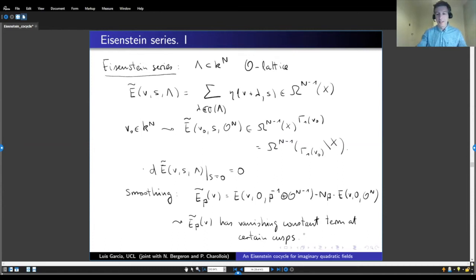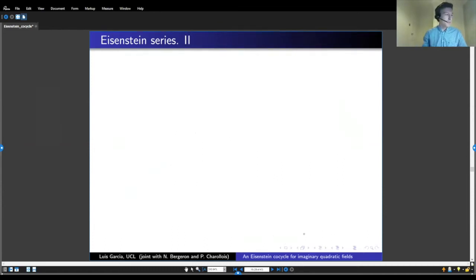Okay, so let me now describe briefly modular symbols, which is where we want to integrate our Eisenstein series on.